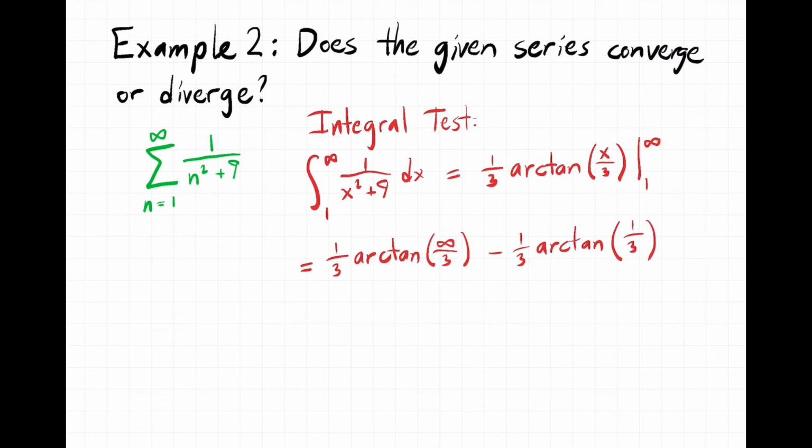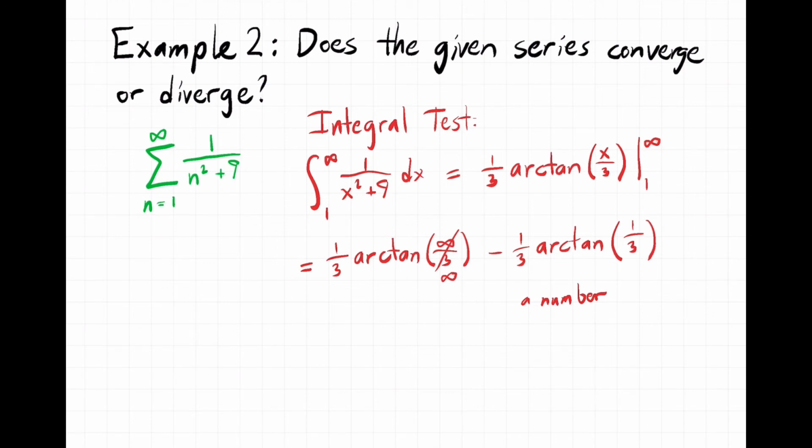Now, arctangent of 1/3, I don't know what that is. What angle has a tangent equal to 1/3? I don't know, but I don't care because I know that it's a number. A finite number. Now, arctangent of infinity over 3. Well, infinity over 3 is just infinity, right? What is the inverse tangent of infinity? What is the limit as the argument goes to infinity of arctangent?